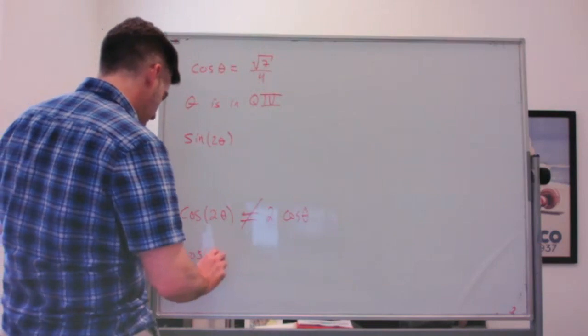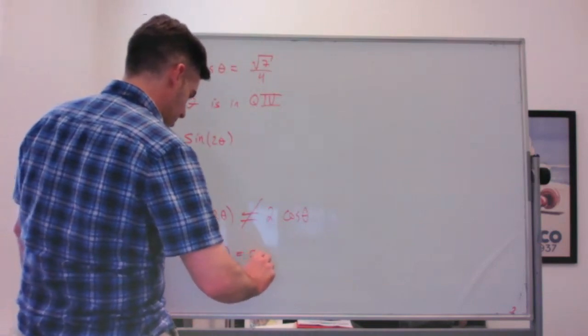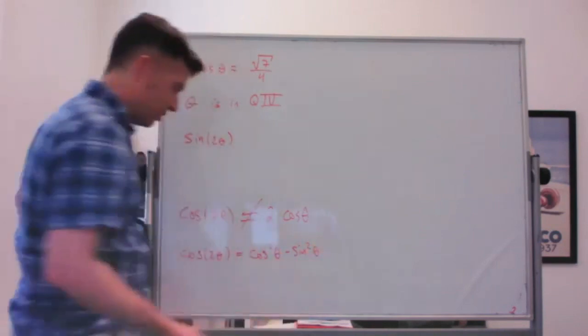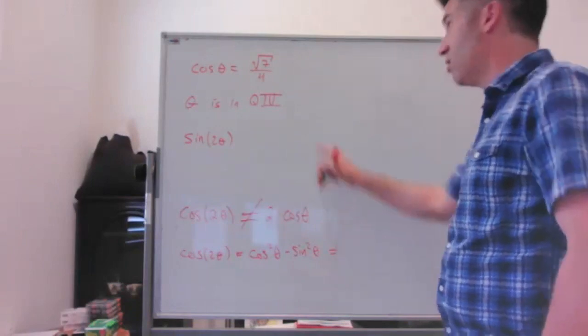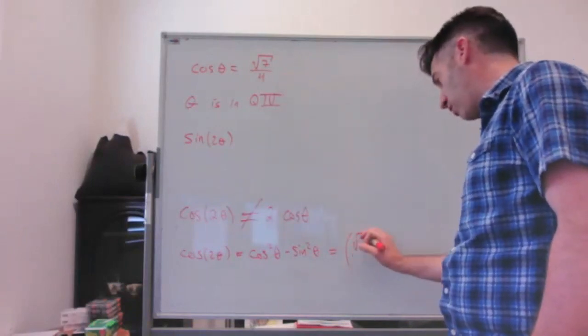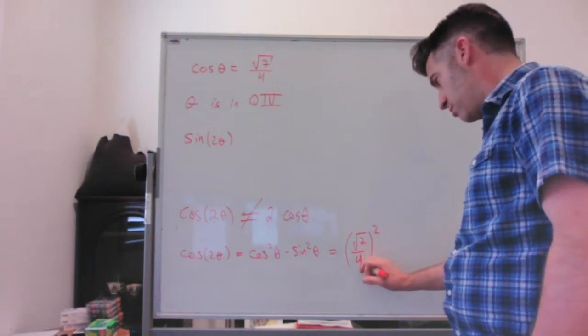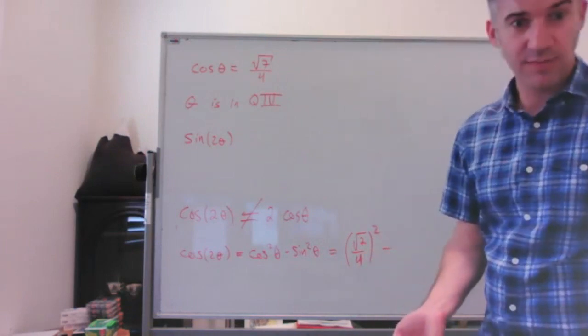Cosine of 2 theta is cosine squared theta minus sine squared theta. So we've got part of it, right? I know that cosine squared is going to be, well, cosine is the square root of 7 over 4. But then I have to find sine.